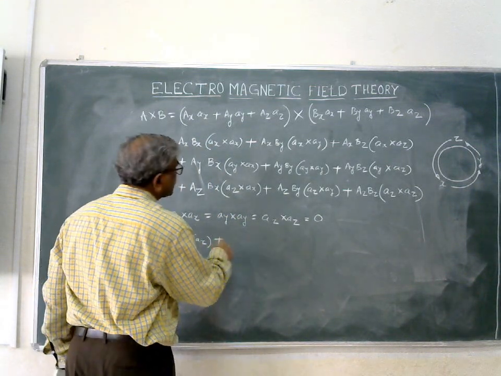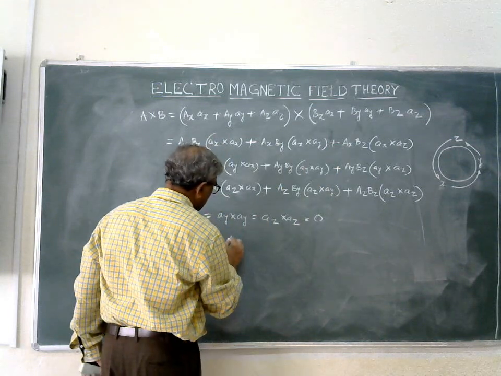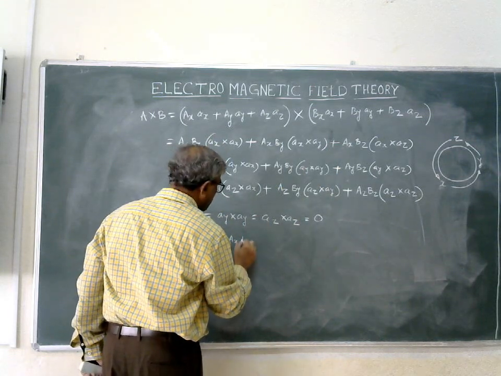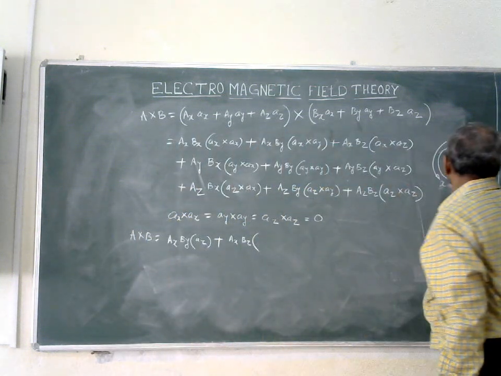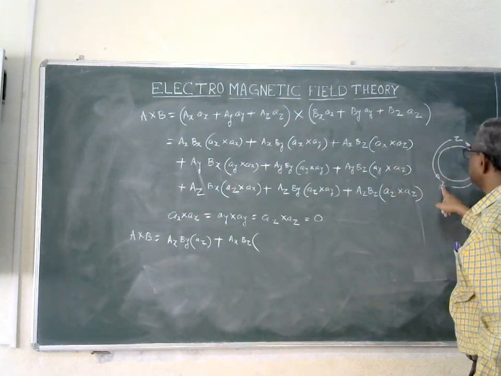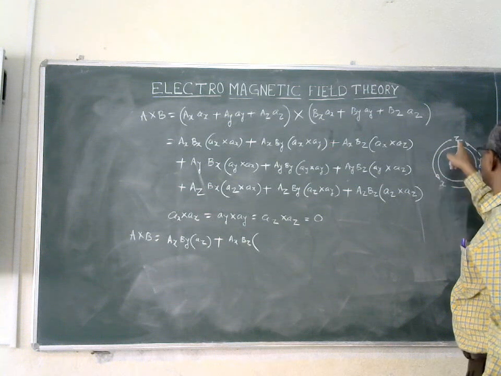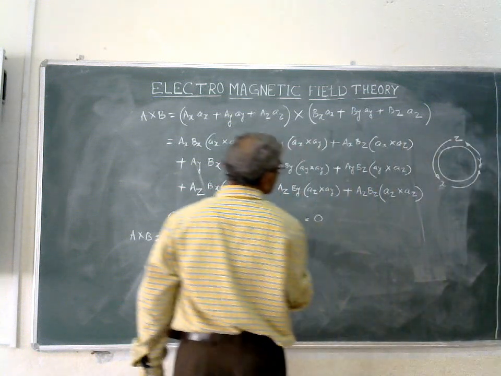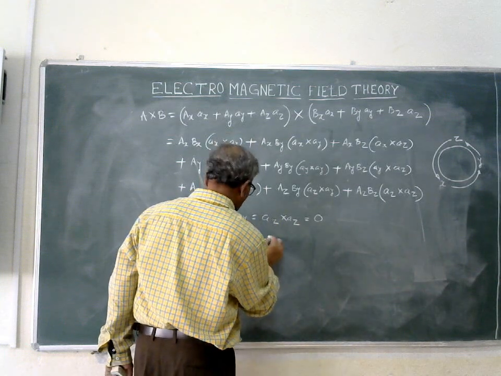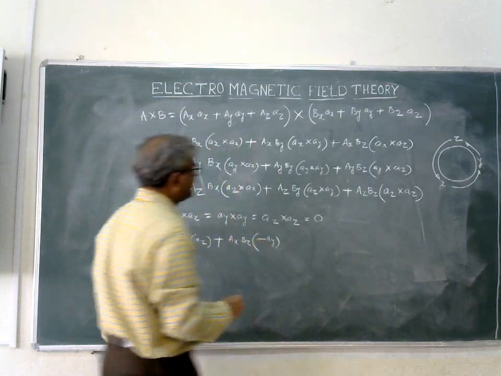Next, Ax Bz: X is rotated towards Z, which is in the opposite direction, so minus ay.